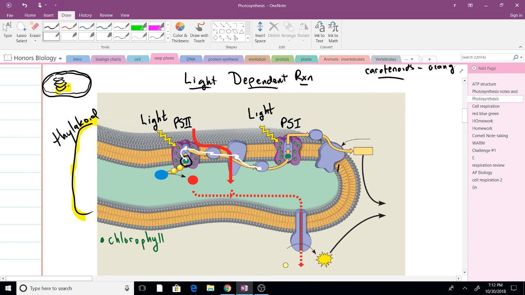Now, this electron is then going to get donated to the next photosystem where it's going to absorb still more light energy. And so photosystem 1 has more chlorophyll molecules that are absorbing the light energy. And again, the electrons are all getting excited.